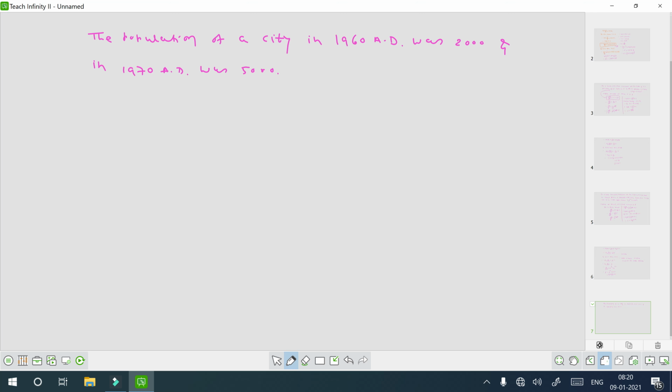If the population increases, if the rate of increase of population is proportional to the population present at that time.